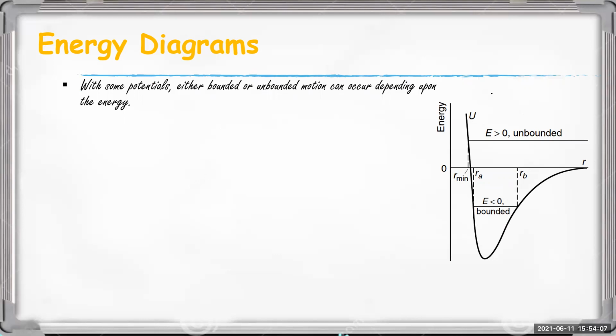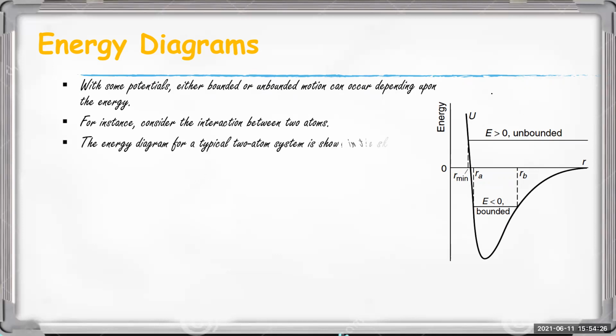The motion may be bounded or unbounded according to the energy. For instance, consider the interaction between two atoms. The energy diagram for a typical two-atom system is shown in the sketch.